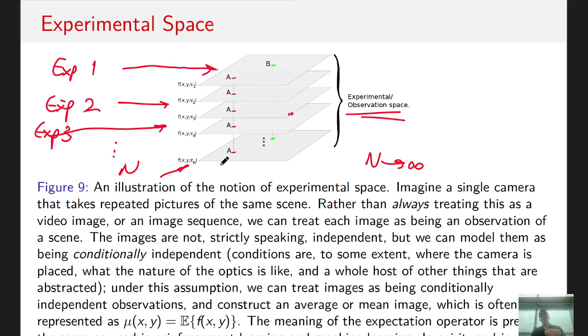And then, to characterize the noise, all I need to do is take the collection of images and look at the deviation of each of these from the average, and then I get a measure of the noise distribution for that scanner.